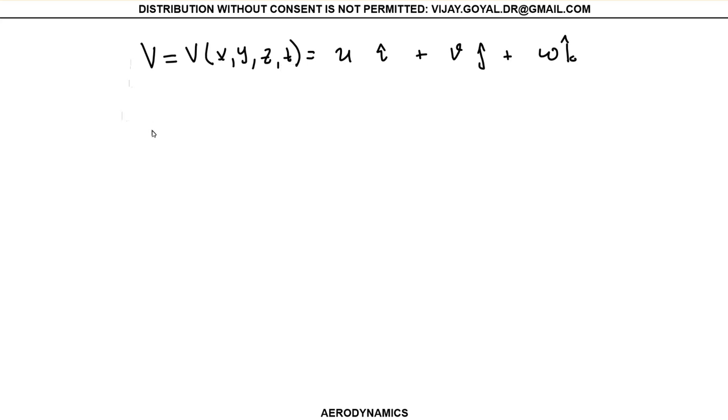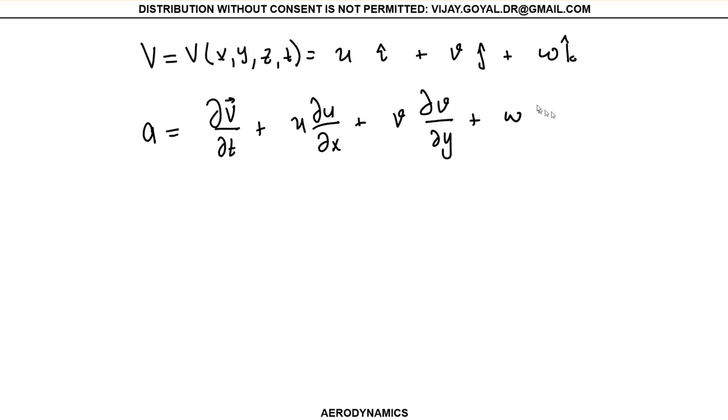Now, the acceleration a is the same as the partial of the velocity vector with respect to time, plus u partial of u with respect to x plus v partial of v with respect to y plus w partial of w with respect to z.